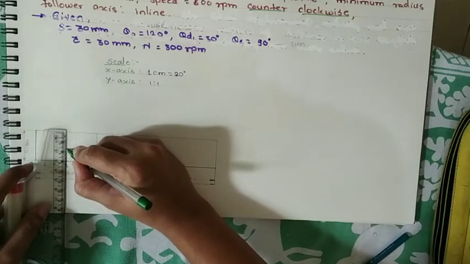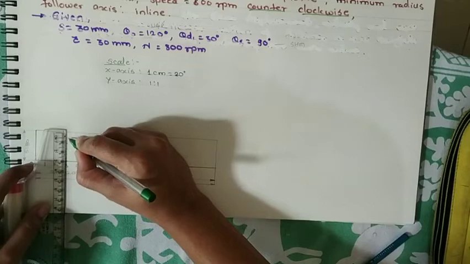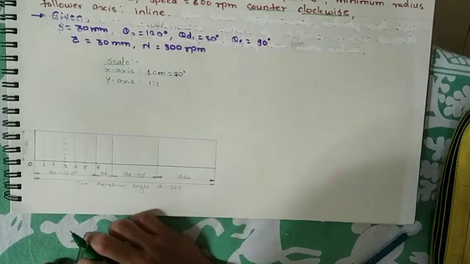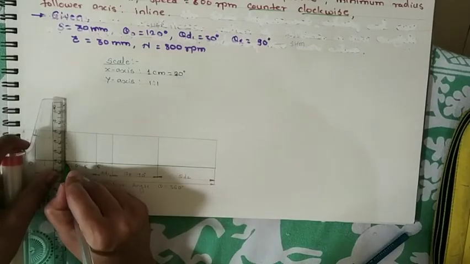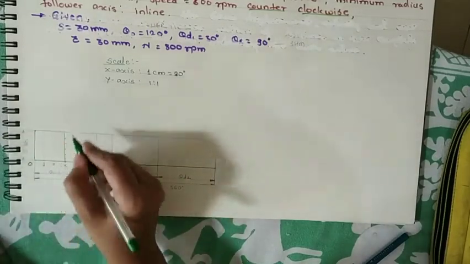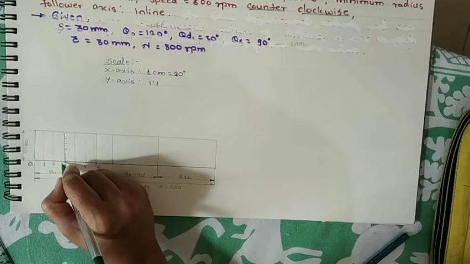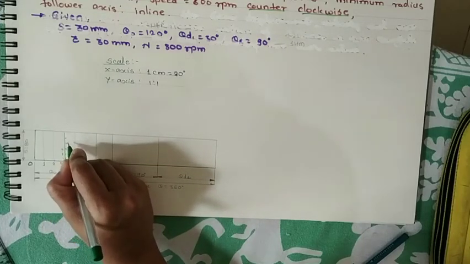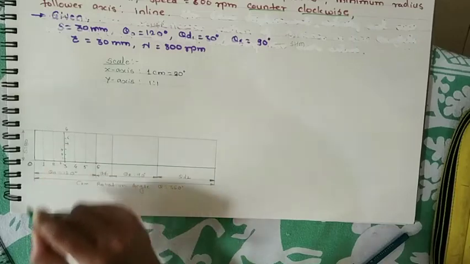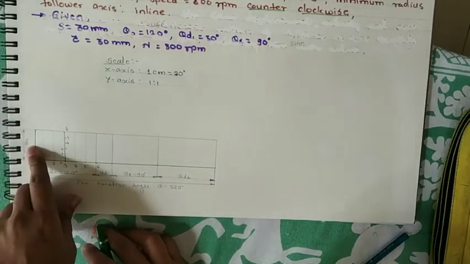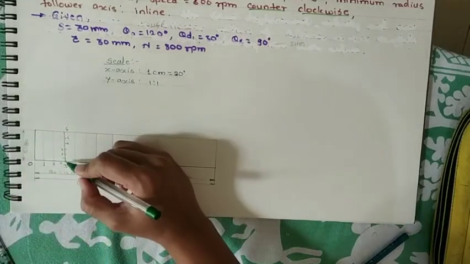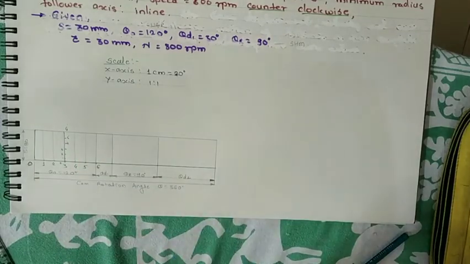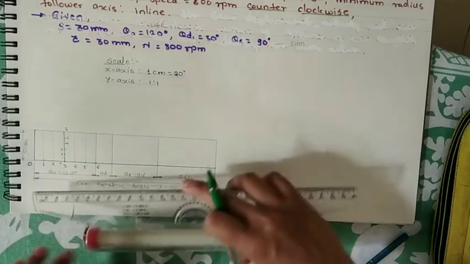As we divided this outstroke into 6 parts, let's divide this vertical line into the same number of parts. So here is 0, 1, 2, 3, 4, 5 and 6. Again this is the 30 mm, that is 3 centimeters, so it is simple: just 0.5 centimeter distance each.